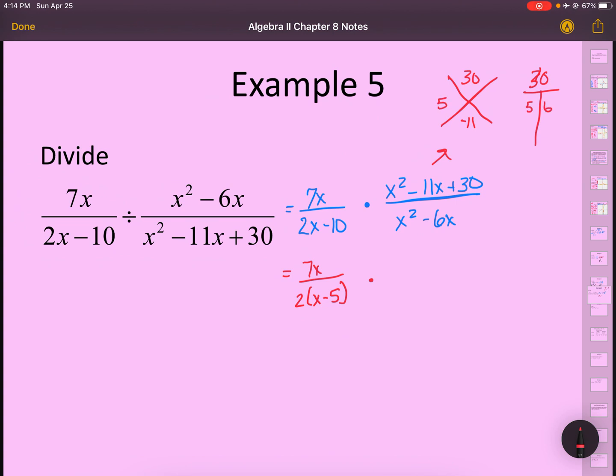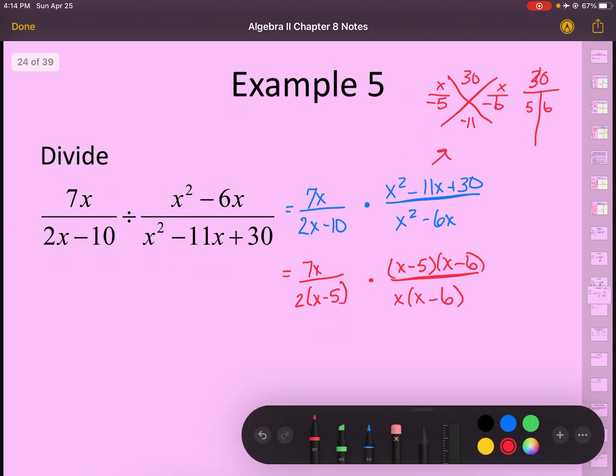That can make a negative 11 by both of them being negative. So this is x minus 5 times x minus 6, excuse me. Then if I pull an x out of the bottom, I'm left with x times x minus 6. Alright, and now what we're going to do is just smash them all together.